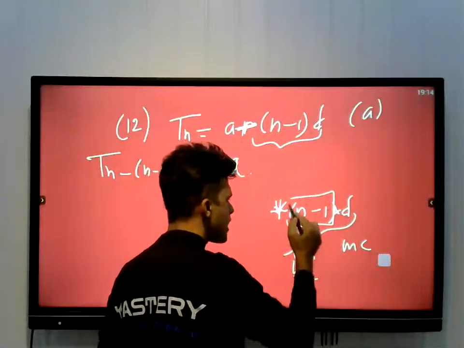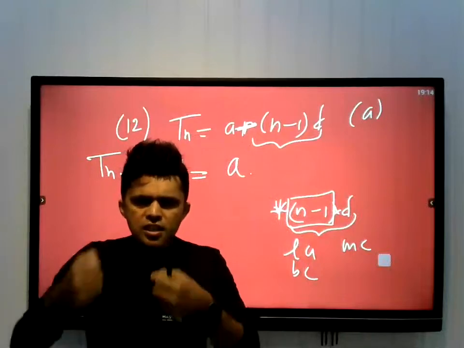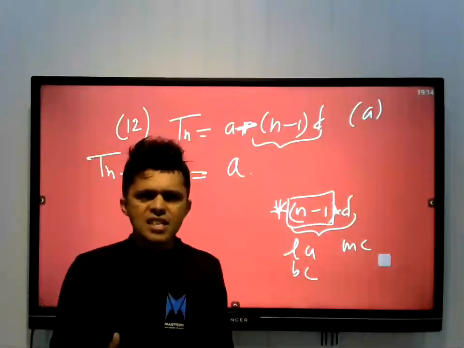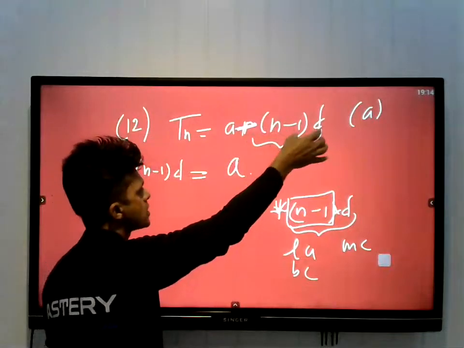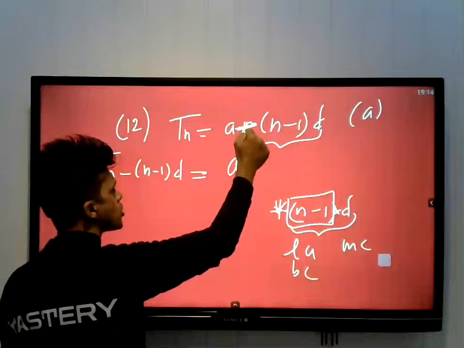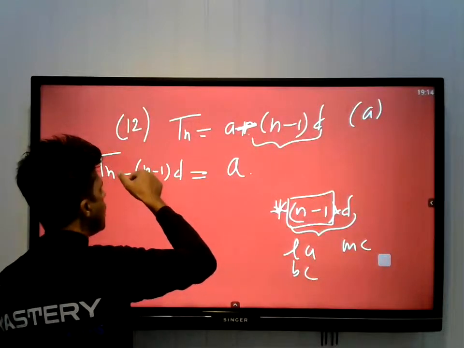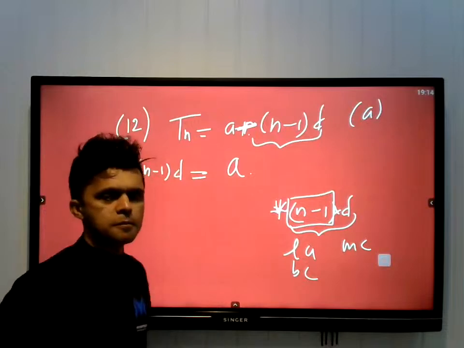This n minus 1 can be taken as one part. Therefore, you can bring this n minus 1 times d to this side. At that moment, this positive value becomes negative when it comes to the left side.